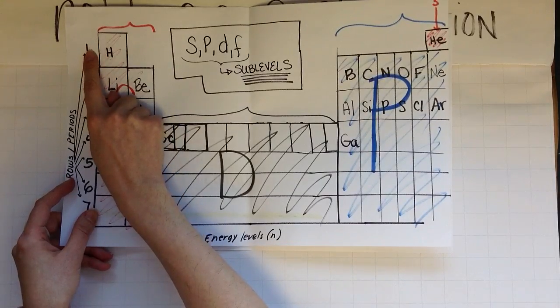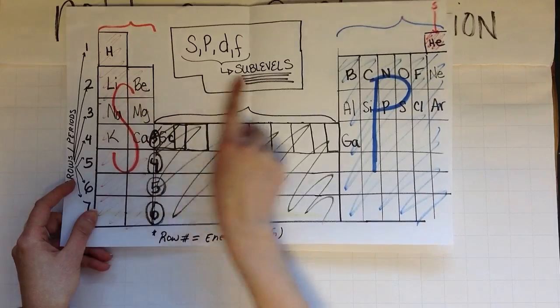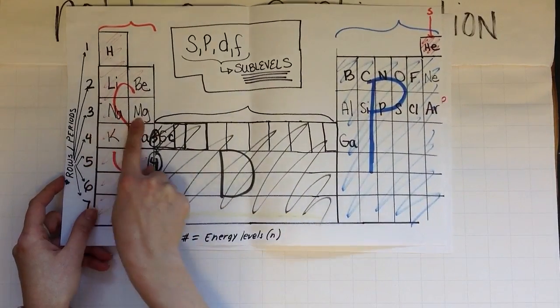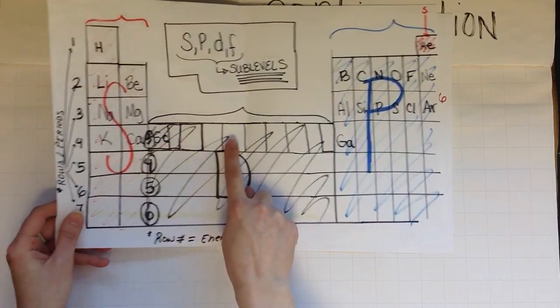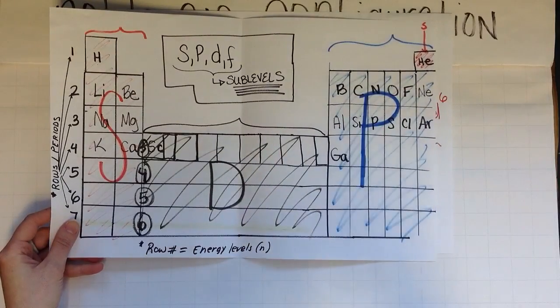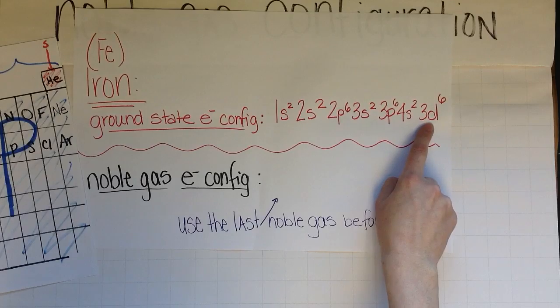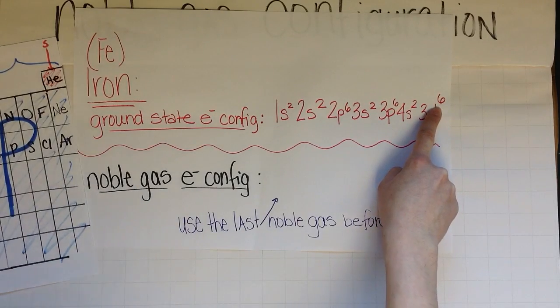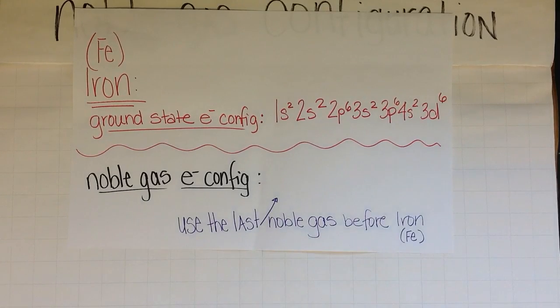So we start off here at 1s2, 2s2, 2p6, 3s2, 3p6, 4s2, and then remember, as soon as you hit the D, it's no longer 4, it's one minus the energy level you're in, so 3d, and you land on 6, 3d6, for iron. Okay? All right, so that's the full electron configuration.